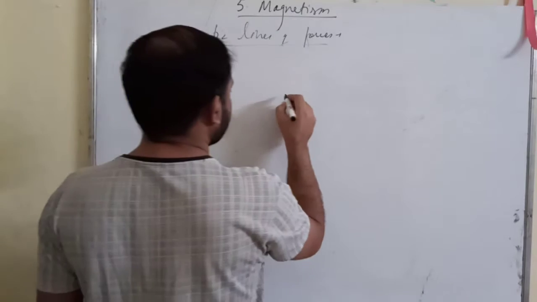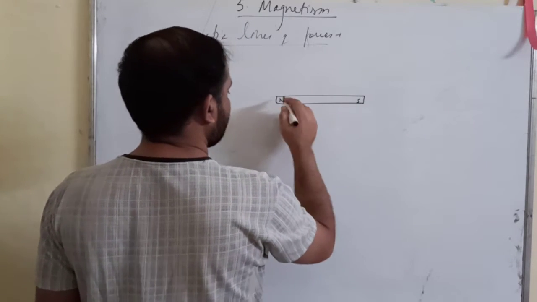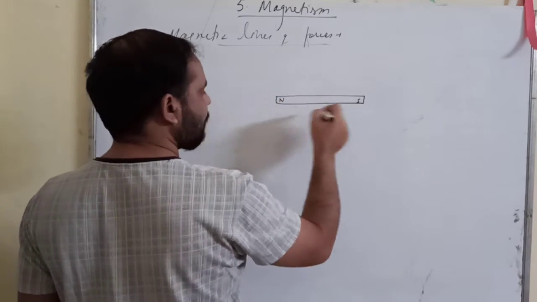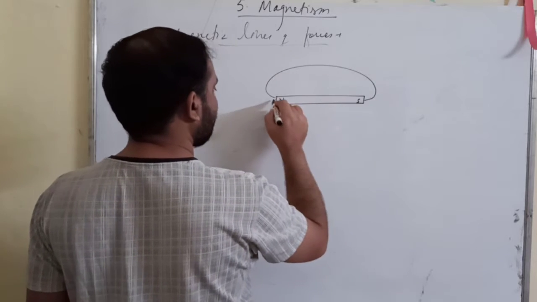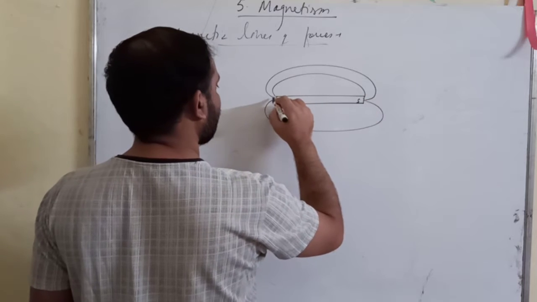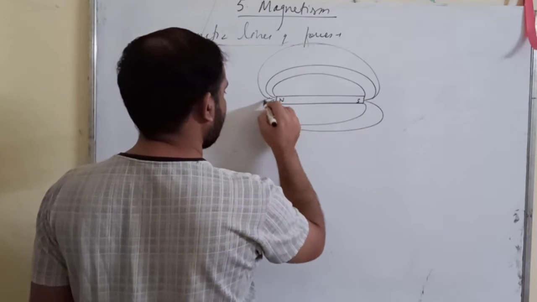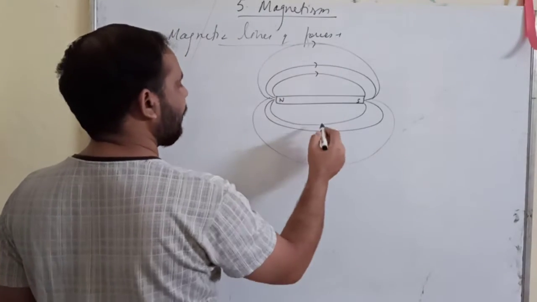Let us suppose that we have a bar magnet like this, north, south. Now, if we draw the magnetic lines of forces for this bar magnet, we will get this type of figure. They will be moving like this.